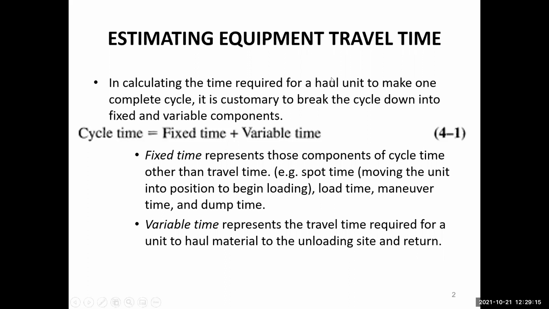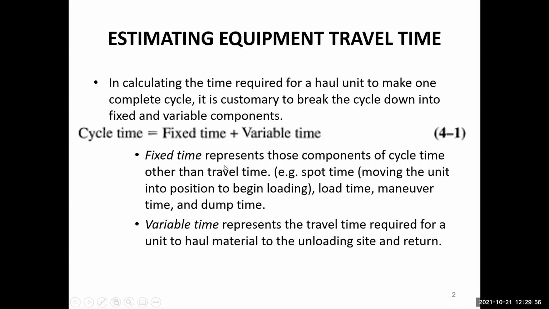For a haul unit to make one complete cycle, it is customary to break the cycle down into fixed and variable components. The cycle time for the hauling operation will consist of some fixed time, that means every time this much time will be consumed, and then a variable time, which will depend on factors such as distances, speed, etc., on which the time will change. So we need to determine the fixed time, and then the variable time.